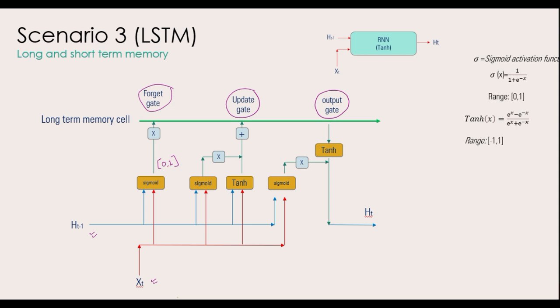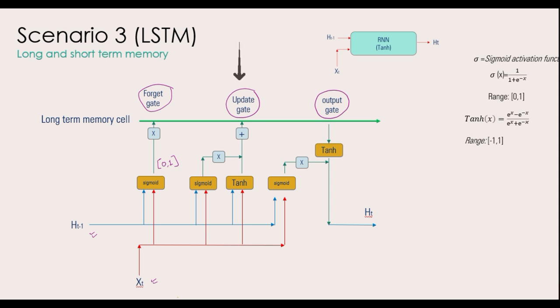We can decide how much influence of past data should be diluted. If we want to retain 75% of previous data, that is possible here. 90% of previous data is also possible. That is based on this sigmoid function, which decides what percentage of old data should remain.